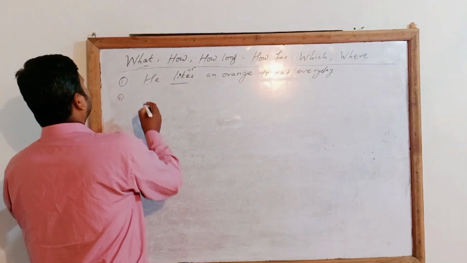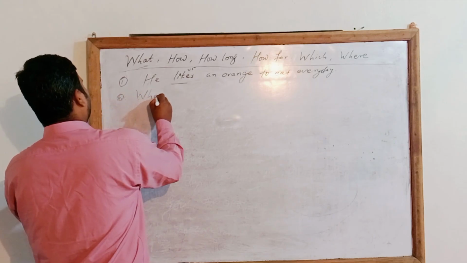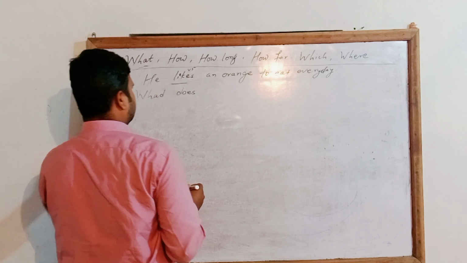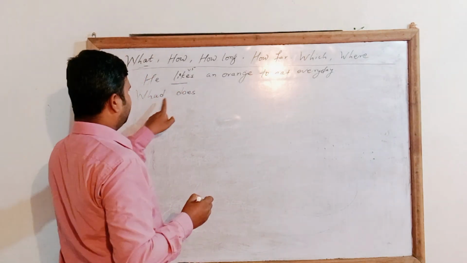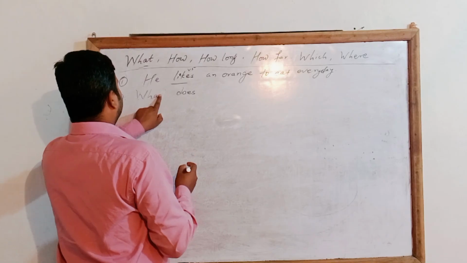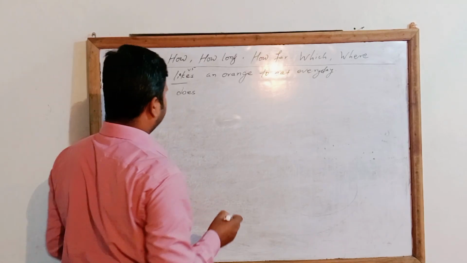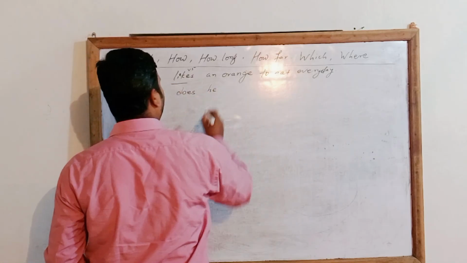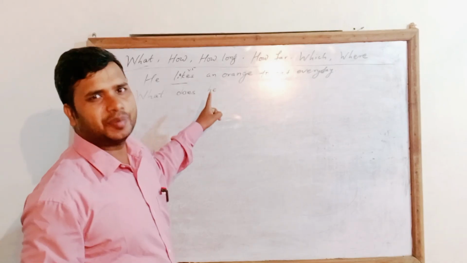So look, what does, okay, simple present tense in singular form, so does. What does, after that the subject, what does he, and you have to make it bare infinitive.